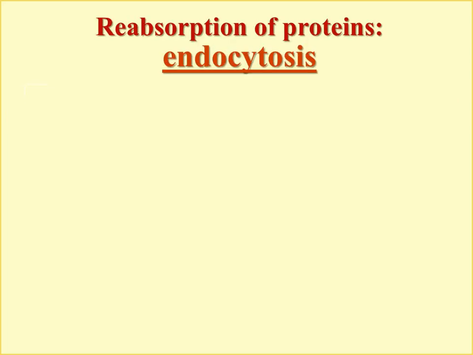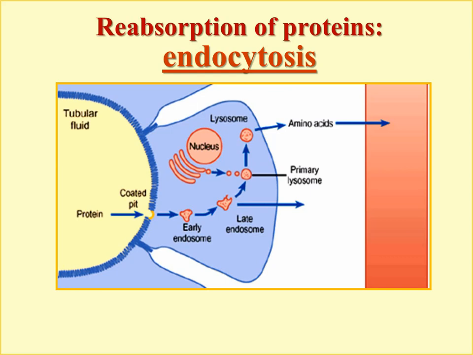Reabsorption of proteins. As you remember, approximately one of each 200 molecules of albumin can pass into the glomerular capsule and go into the tubules. These protein molecules are reabsorbed exactly in the proximal tubule by endocytosis. Here you see the cross-section, in the horizontal plane now, so that you can observe the lumen with tubular fluid in it. This is primary urine.